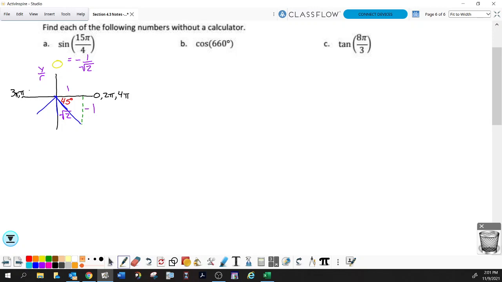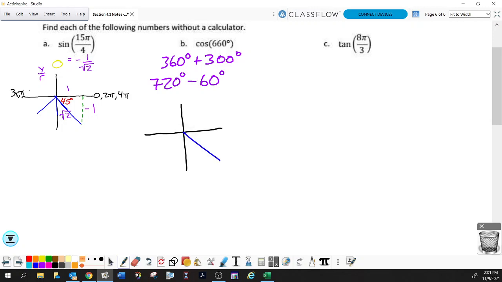So you can either think of it as 360 degrees plus 300 degrees, or as 720 degrees minus 60 degrees. Either way, you're going to have the 660. And since it is 60 degrees before my 2 pi, once again, I'm in quadrant 4. Picture not drawn to scale, as usual.